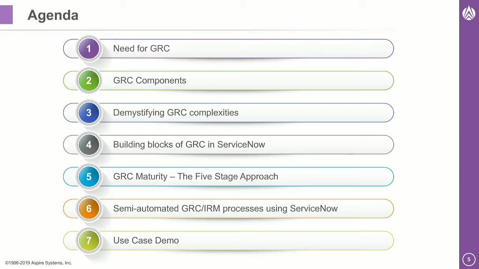And most of you, I believe, know about the Now platform. ServiceNow is a workflow automation platform where you can automate your IT service management, IT operations management, and business processes like HR, CSM, and governance, risk, and compliance.